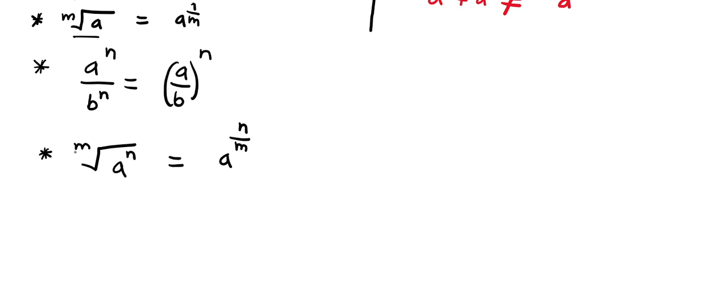Whatever stays outside becomes the denominator of the power. Whatever stays inside becomes the numerator. That's how it works.